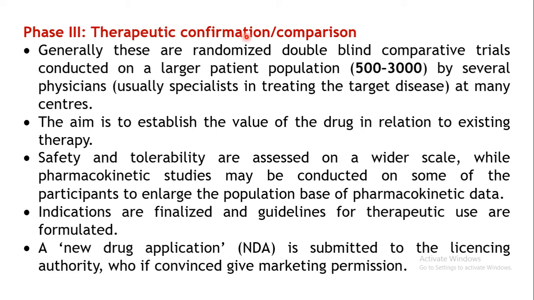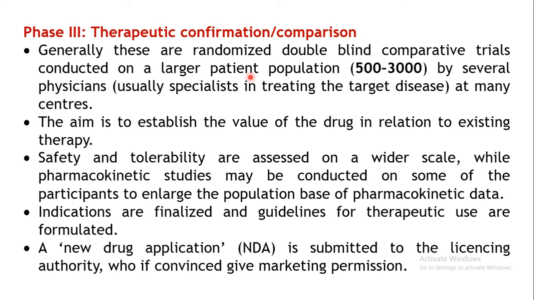That is, therapeutic confirmation and comparison is done over here. So these types of studies are basically randomized double blind comparative trials. Here both the physician as well as the patient may not be aware which of the formulations contains the drug. The studies are also done on a larger population.